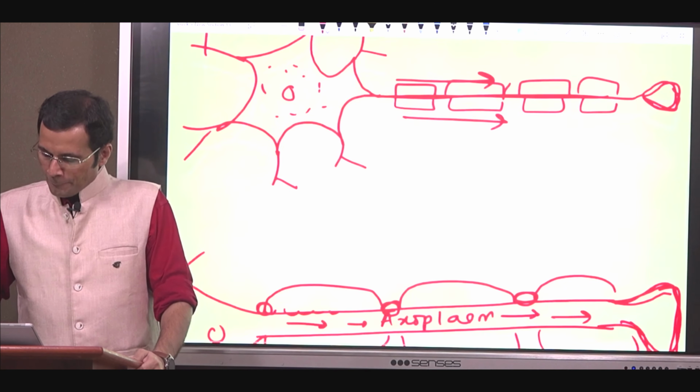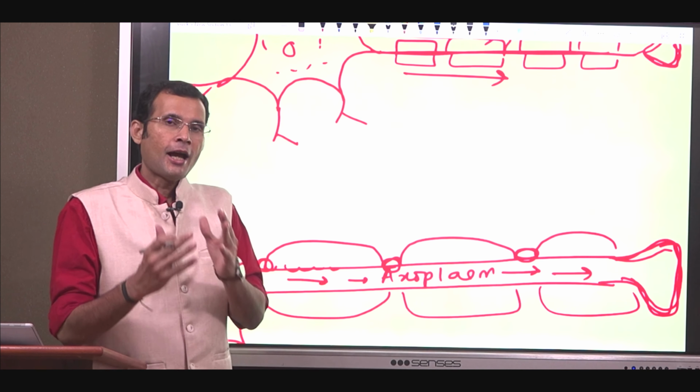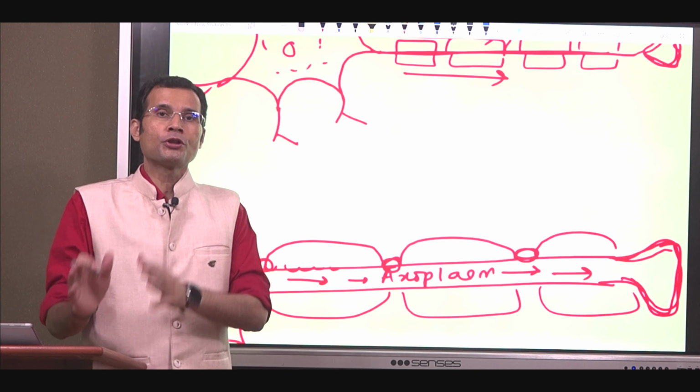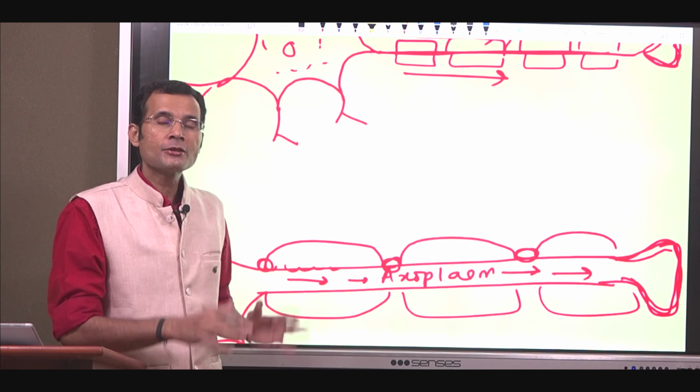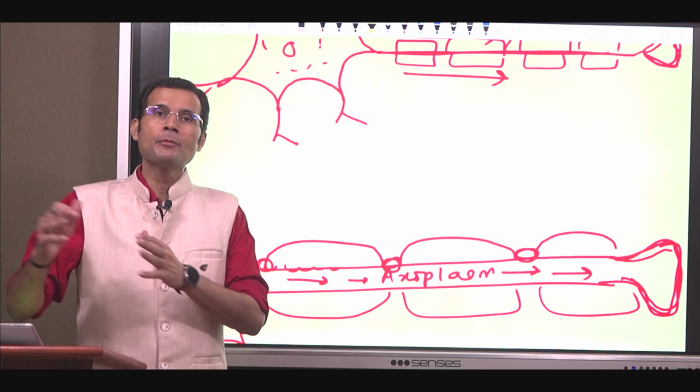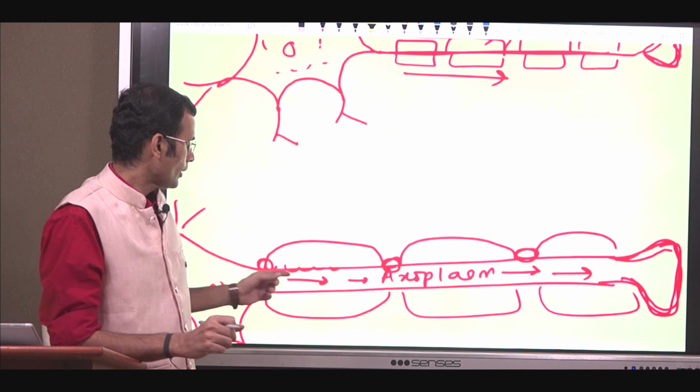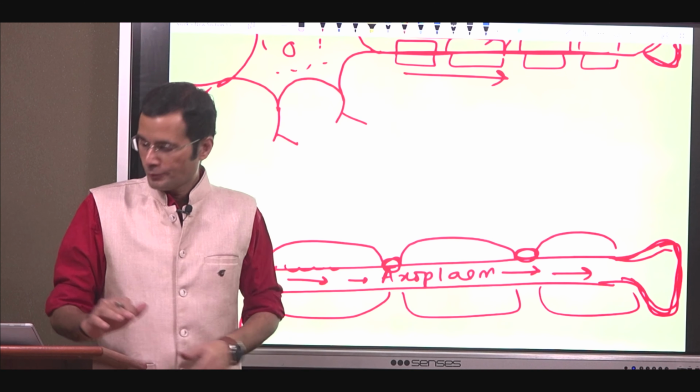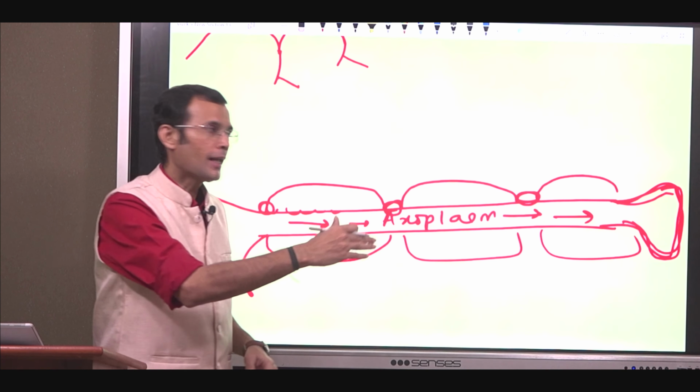So when I say axoplasmic transport, it would mean transport of various substances and materials inside the axon through the axoplasm.